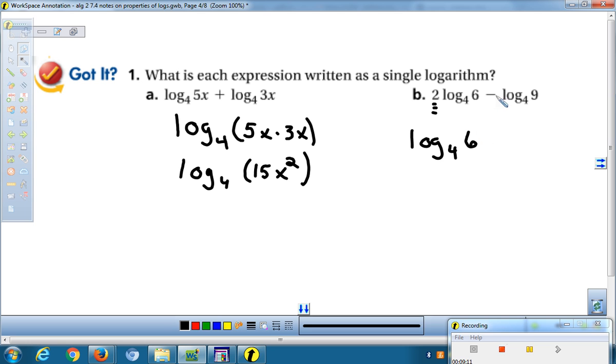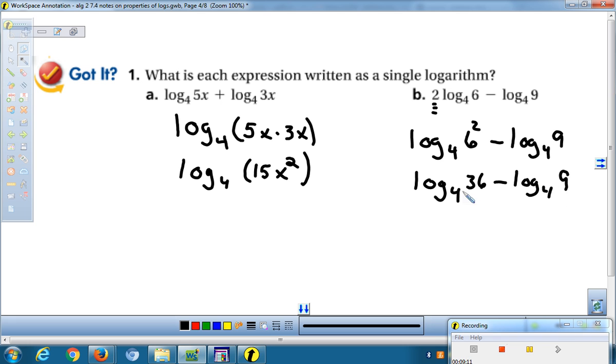Nope, I haven't done anything with subtraction. The multiplier comes up as an exponent on the argument because it's going to be log base 4 of 6 squared. We still have minus log base 4 of 9. All right. So what is 6 squared? So we have log base 4 of 36 minus log base 4 of 9.